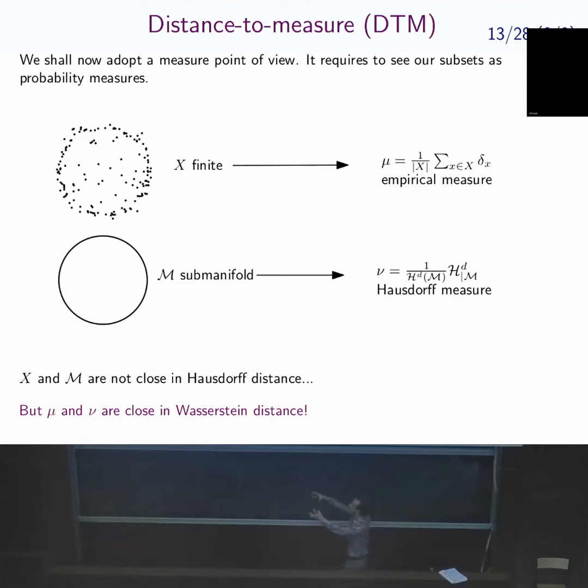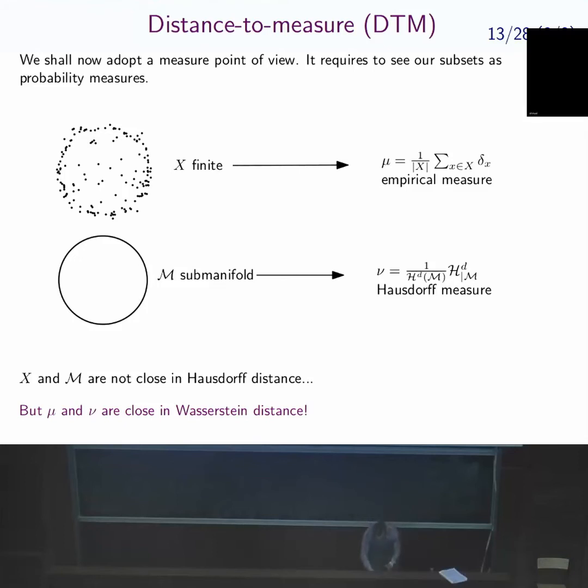So now we can transform subsets into measures and compare these measures in Wasserstein distance. This is really nice because the Wasserstein distance is not too sensitive to anomalous points in the measure. For instance, here X and M will be far away in Hausdorff distance, but the corresponding measures will be close to each other in Wasserstein distance. This is what we want because we want to use X to estimate M.